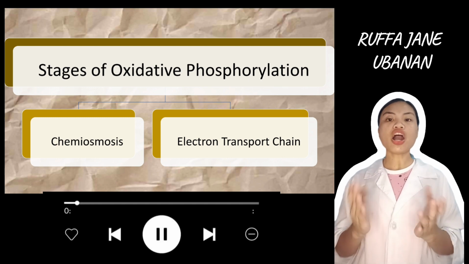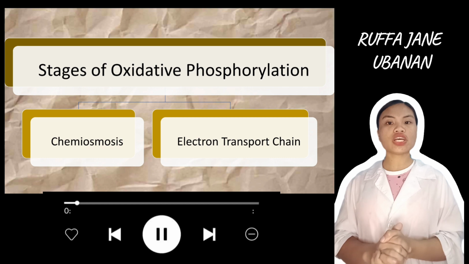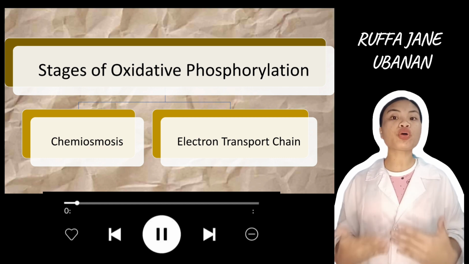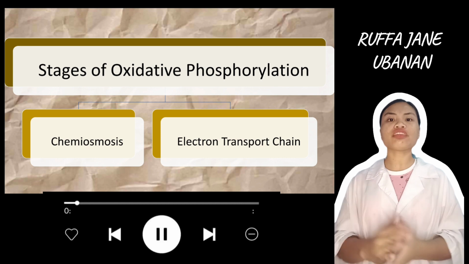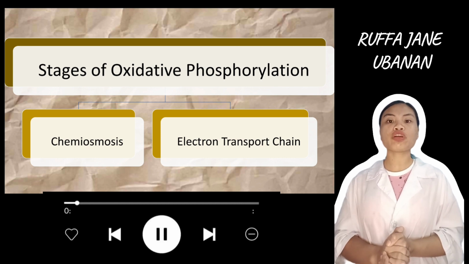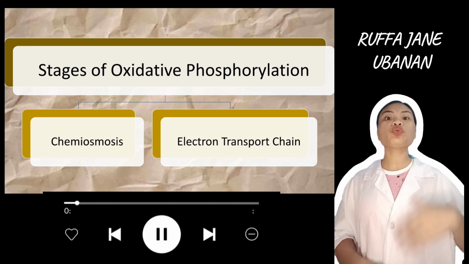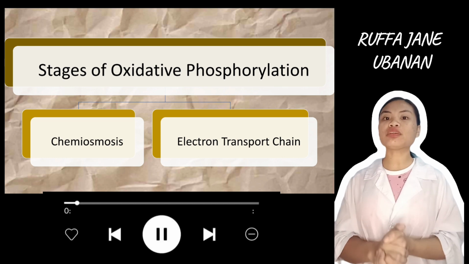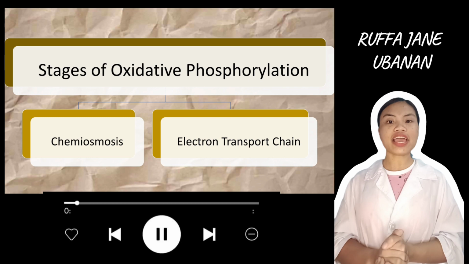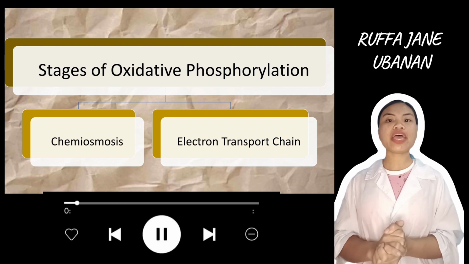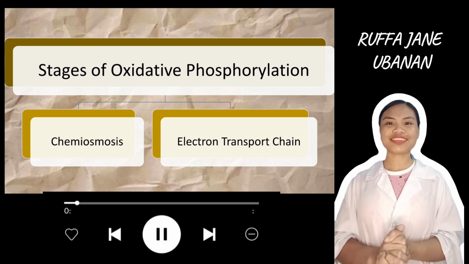In conclusion, oxidative phosphorylation is a pivotal process in cellular respiration that efficiently converts the energy derived from electron transport into ATP, serving as the primary energy source for cellular activities and highlighting its critical role in biochemistry.